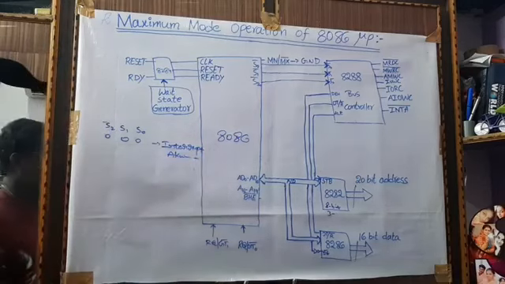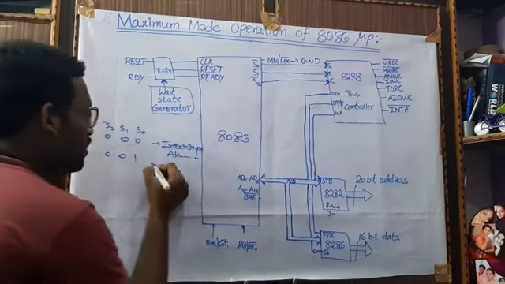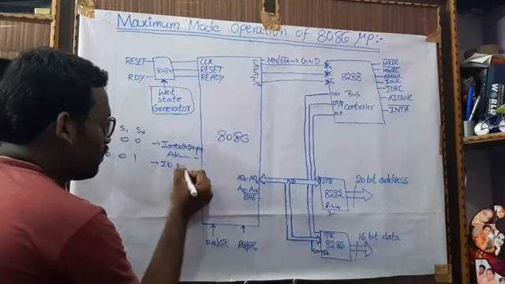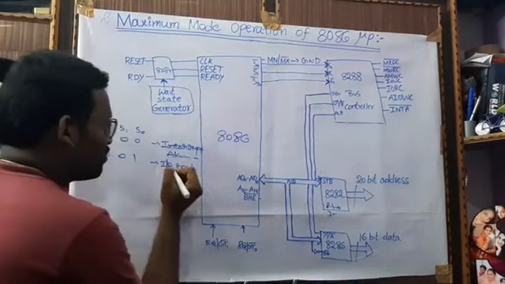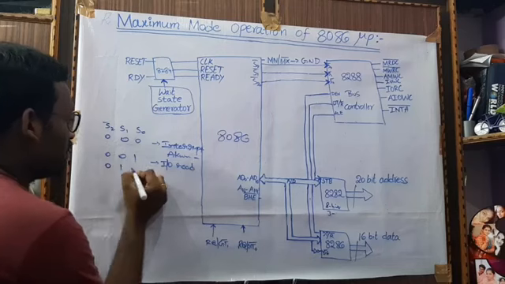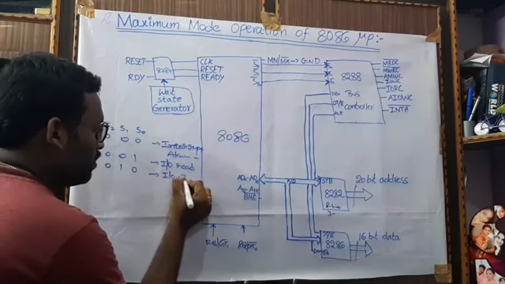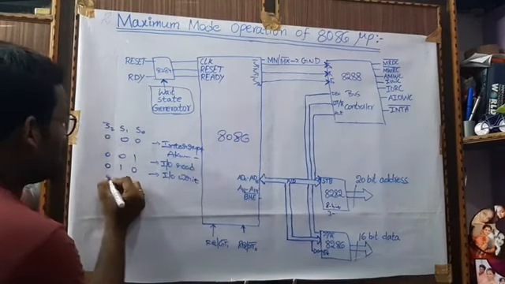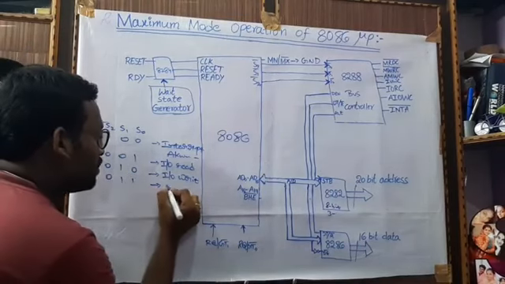If 0 0 1 at the status pins, it means IO read, which gives the IO read operation. If 0 1 0, it gives IO write. If 0 1 1, it indicates halt operation.